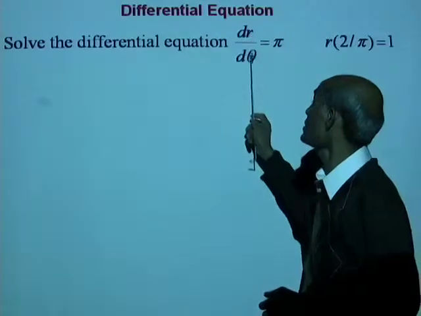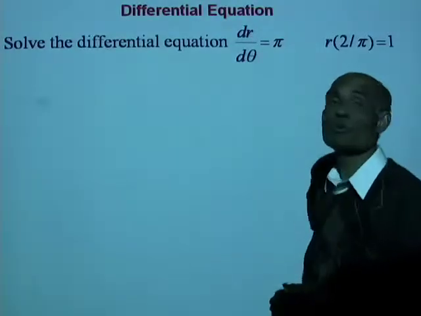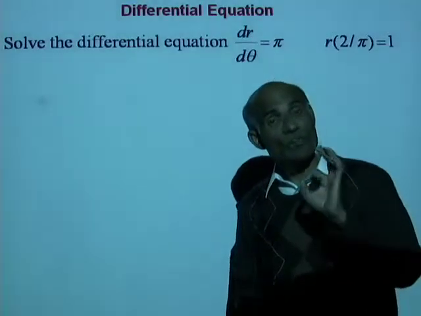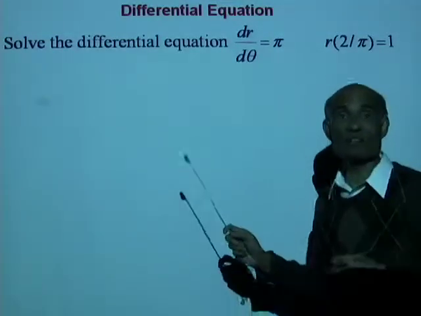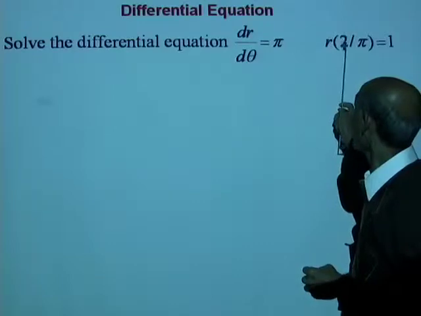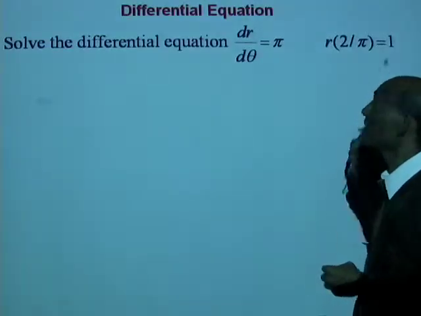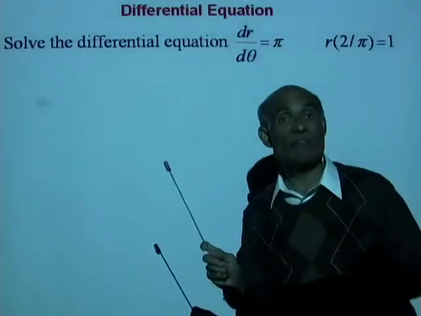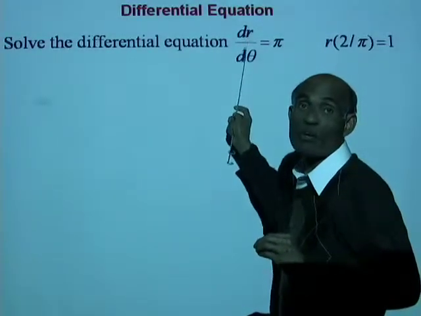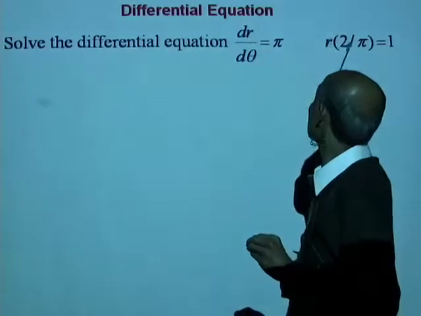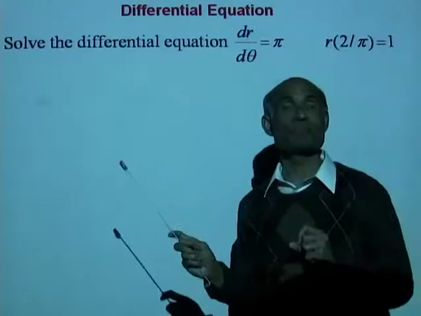So we are told that dr by d theta equal to pi. We are also told one more thing. We are given some information. Now look at that. r of 2 over pi equal to 1. We are told that the value of this function r when theta equal to 2 over pi is 1.